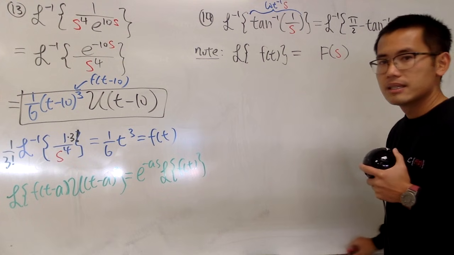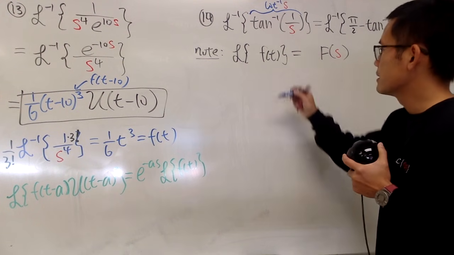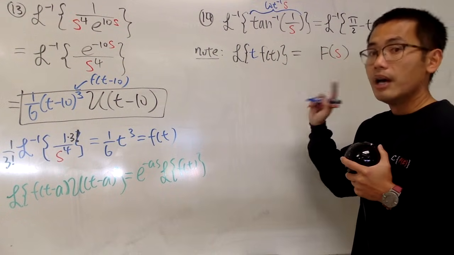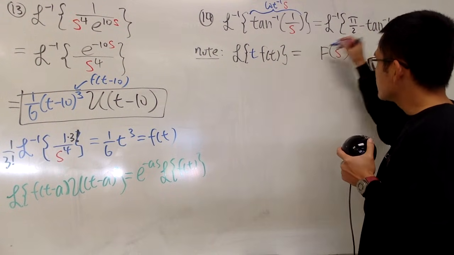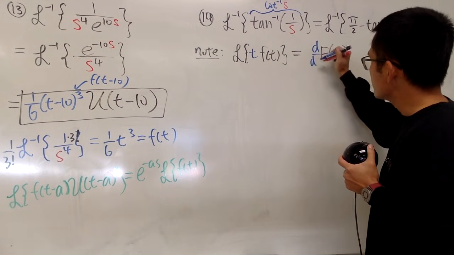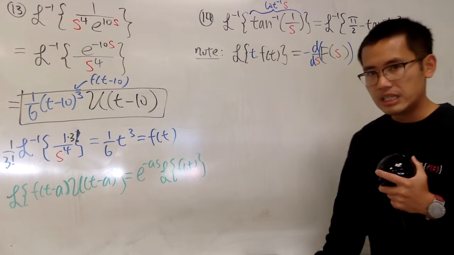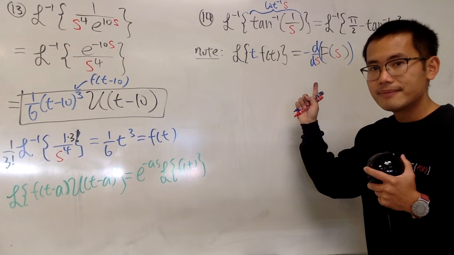No problem on that. However, sometimes if you have this multiplied by just t, in that case what you do is, in the s world, you differentiate this with respect to s, and then you multiply by negative.